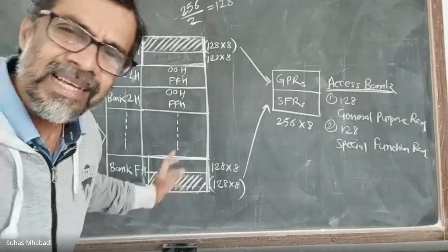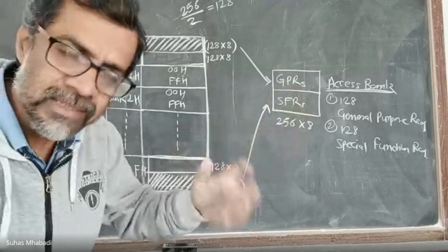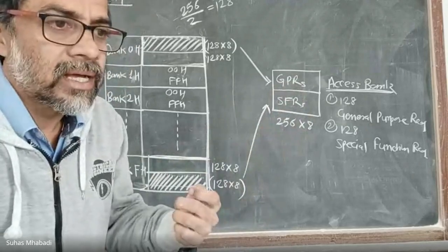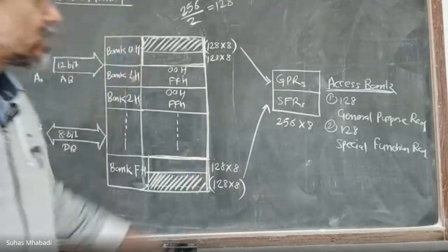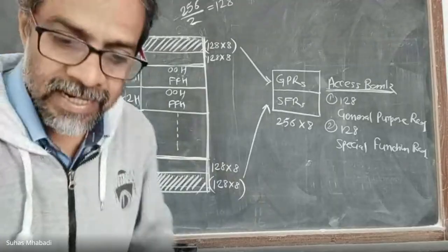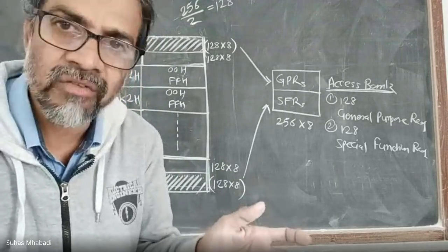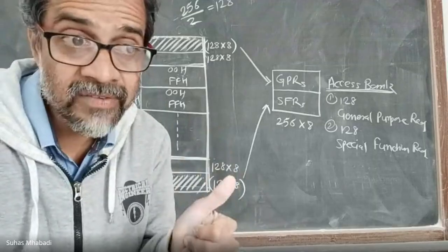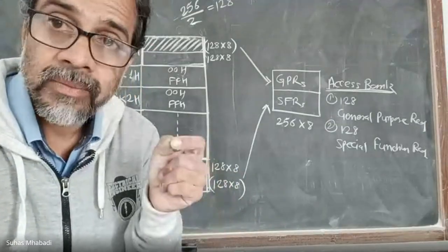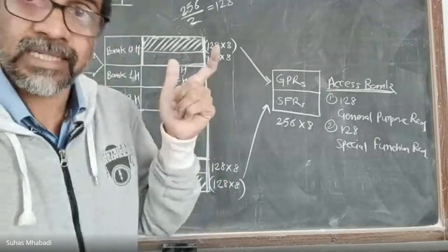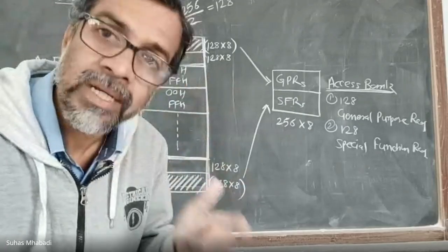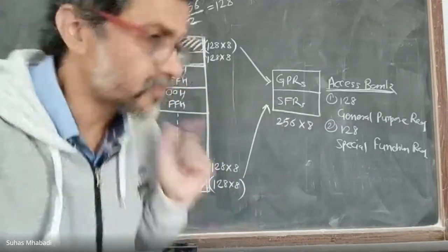They are there, just we have taken separately just for our convenience. In short, they are GPRs and SFRs. GPRs are for general purpose, just for storing of data, and SFRs are for performing a specific task. Which task they are performing, I will let you know after this.